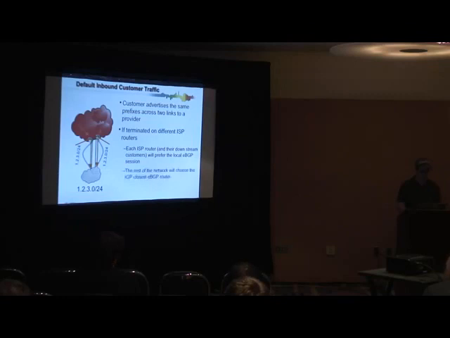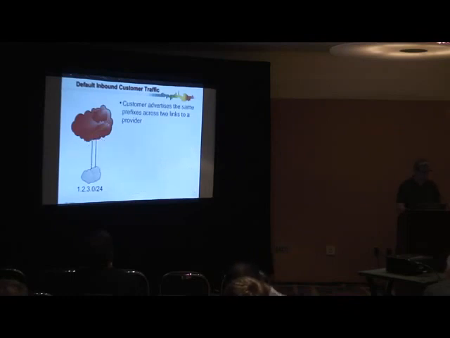The rest of the network is going to break on IGP distance. So the portion of the network that's closer to the one exit point will use it. The other portion of the network that's closer to the other exit point will use the other exit point. And if IGP cost is symmetrical to both exit points, then it will pick just one exit point based on lowest router ID. So that's the default behavior.